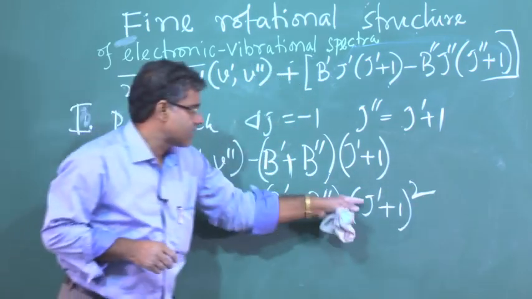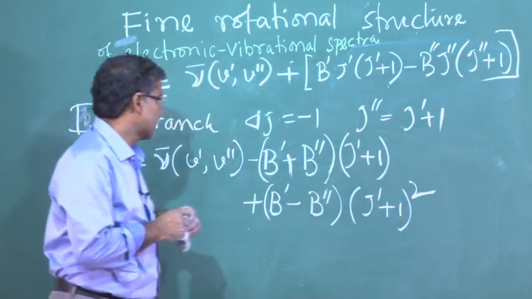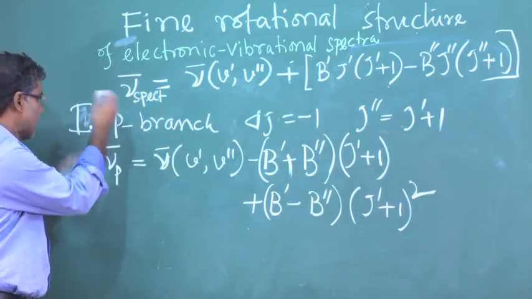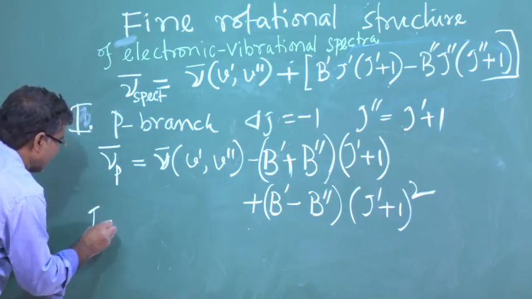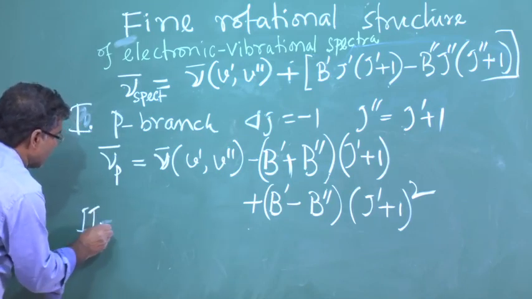Here J dash equal to 0, 1, 2, 3. So, this is the P branch, and similarly one can see the R branch.